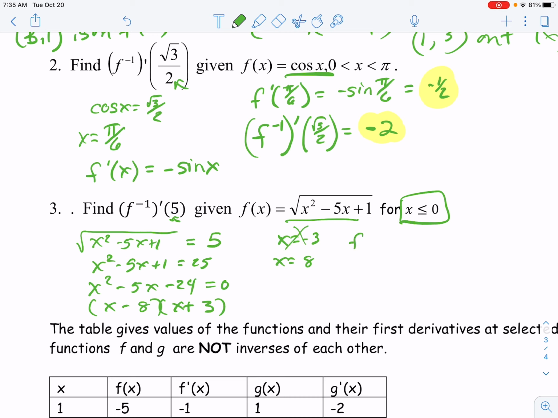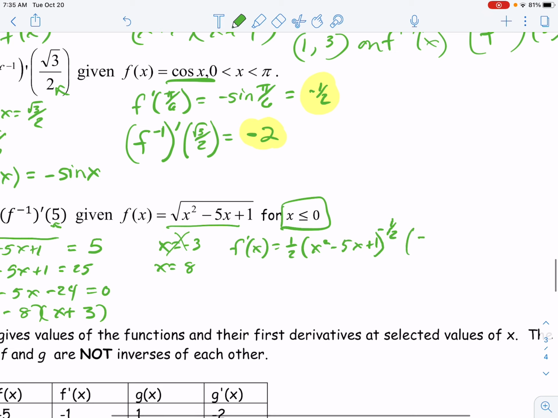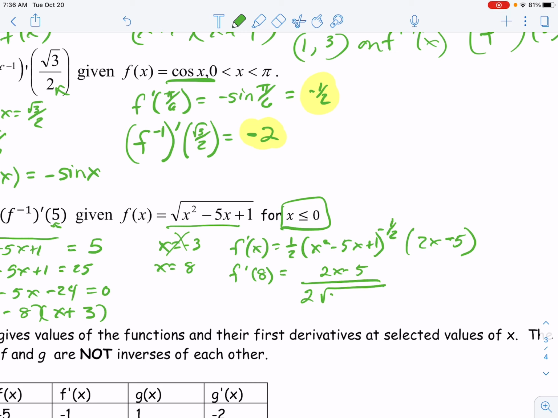Find your derivative. 1/2 times x squared minus 5x plus 1 to the negative 1/2 times 2x minus 5. Don't forget your chain rule. So now I have to do f prime of 8, which is 2x minus 5 over 2 times the square root of x squared minus 5x plus 1.